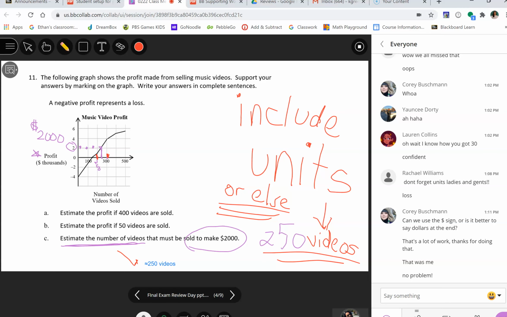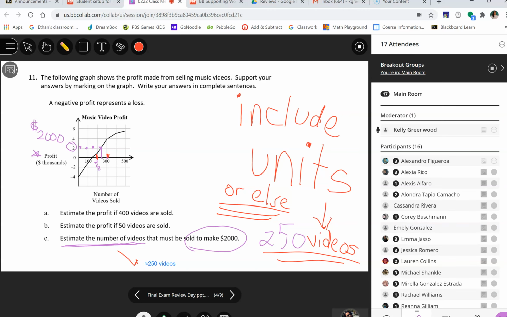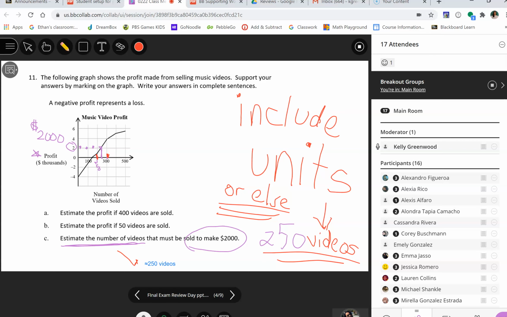Okay. Any follow-up questions on how to read the axes on the graph or locate information on the graph? If this was test day, how would you be feeling right now? Show me a status. If we were 4 questions into the test, what would your face look like?